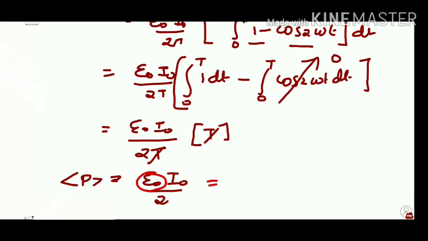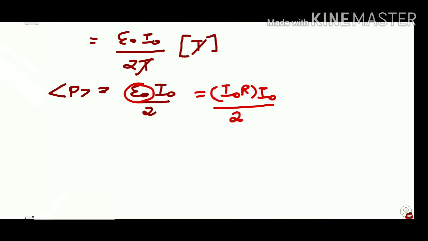So can't I write this as I naught into R? So it becomes I naught into R into I naught divided by 2. I'm just changing it, guys. It's okay if you don't follow, but I will bring a very wonderful form of equation. That's why I'm doing it. So this is equal to I naught squared R divided by 2.